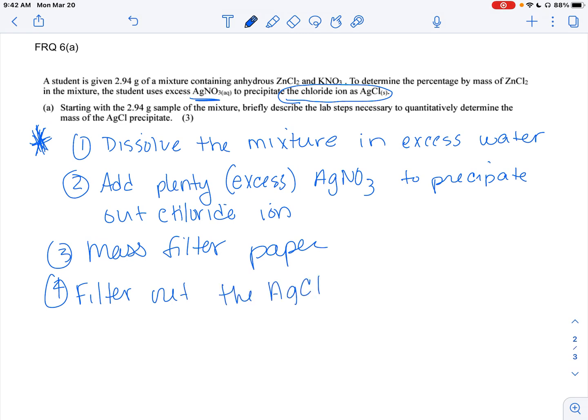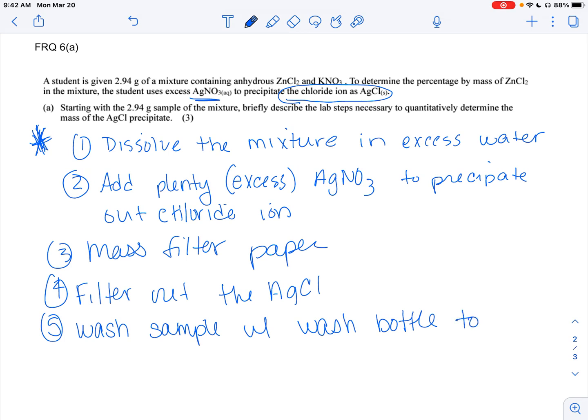You can just say, because we're just going to drip it out, like you just put it in the filter and drip it out in the funnel, however you want to say that. I would definitely put something in there about washing it with a wash bottle, to make sure you only have AgCl.